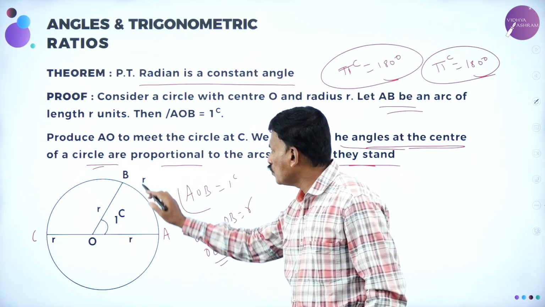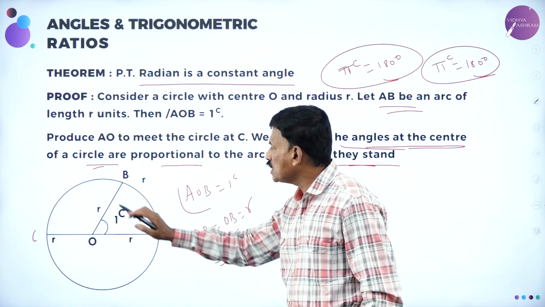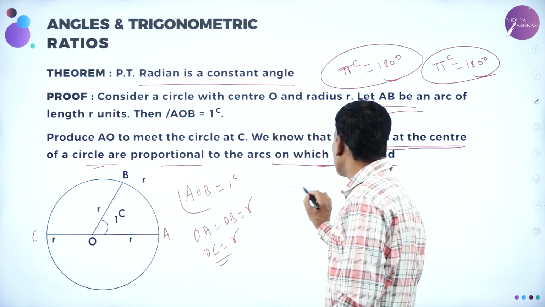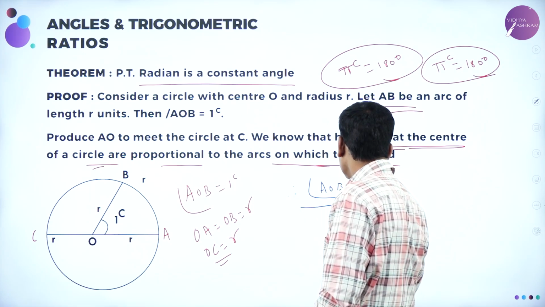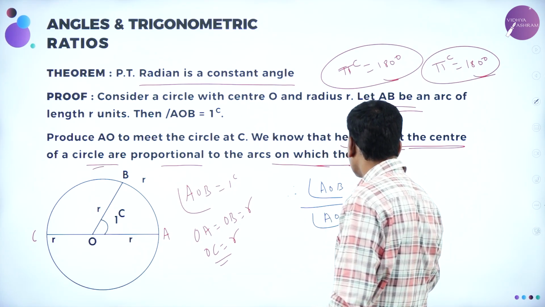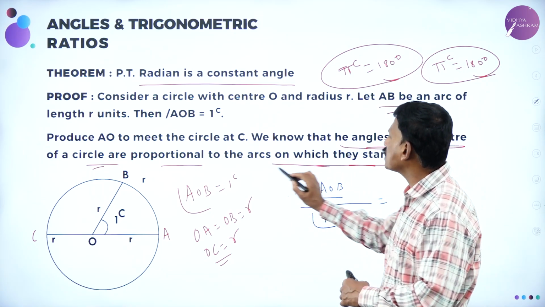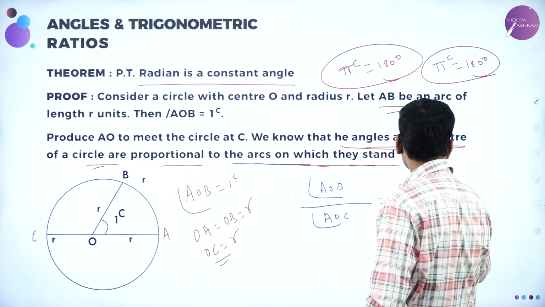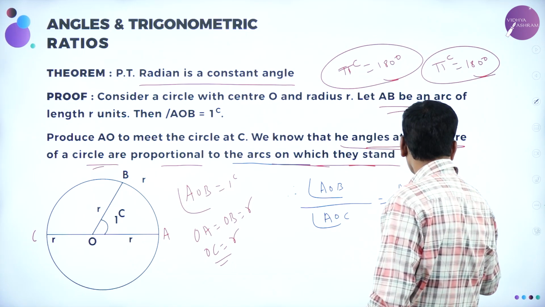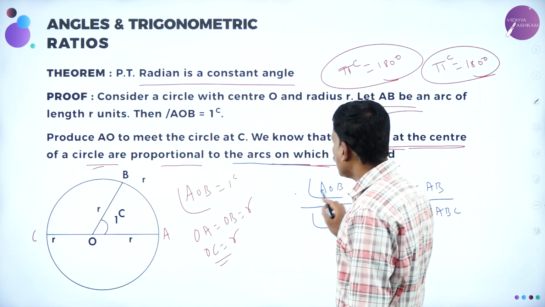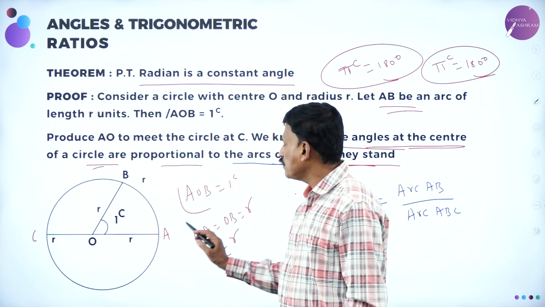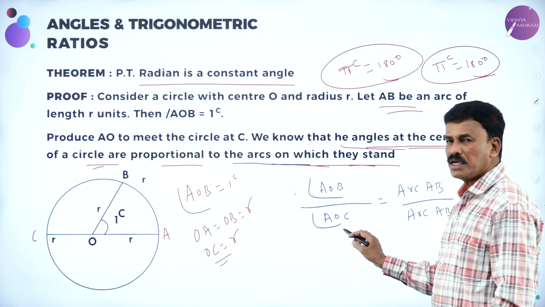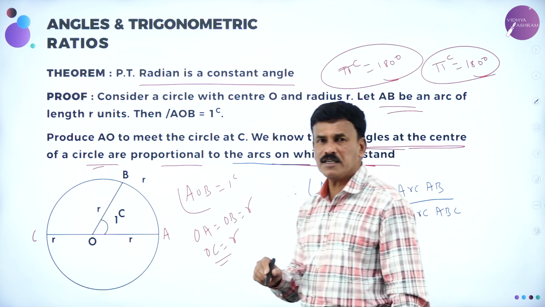From this, angle AOB divided by angle AOC is equal to, just write down the arcs on which they stand, arc AB divided by arc ABC. Angle AOB stands on arc AB and angle AOC on arc ABC. So angle AOB by angle AOC is equal to arc AB divided by arc ABC.